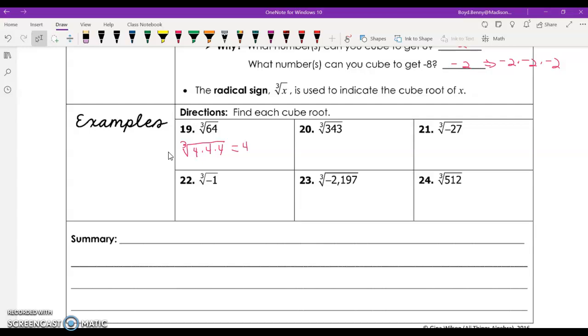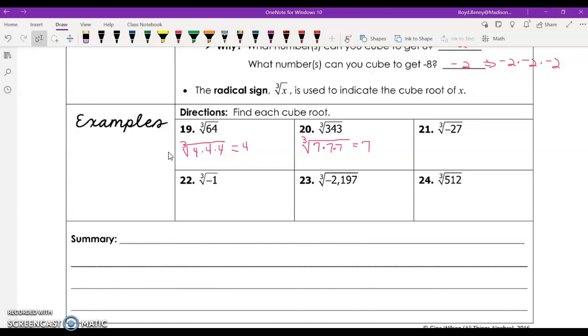Notice I've got a 3 right here in this index, and I've got 1, 2, 3 fours. The cube root of 64 is 4. Okay, you can see that above in our perfect cubes as well. Okay, so if we take a look at this one, the cube root of 343 is going to be 7 times 7 times 7. So the cube root of 343 is actually just 7.